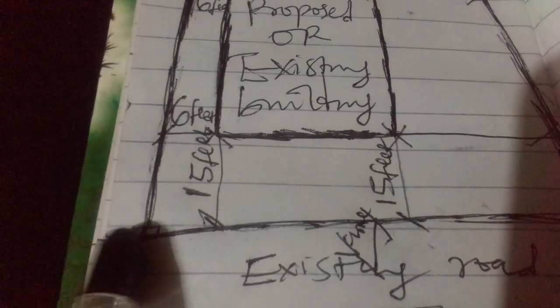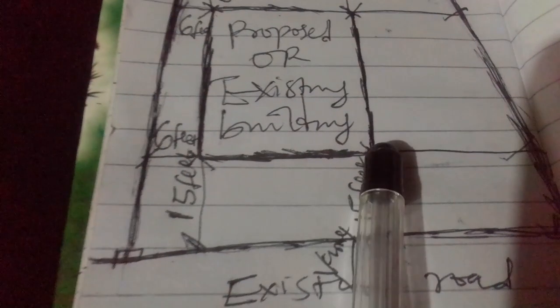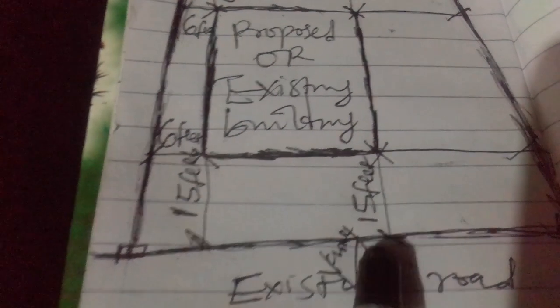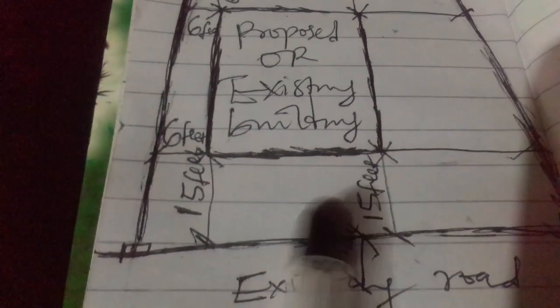There are cases that maybe the boundary line present in this place is very slopey, and after the square of the building, you see that the space here is now less, maybe for example 12 feet. It's very wrong.